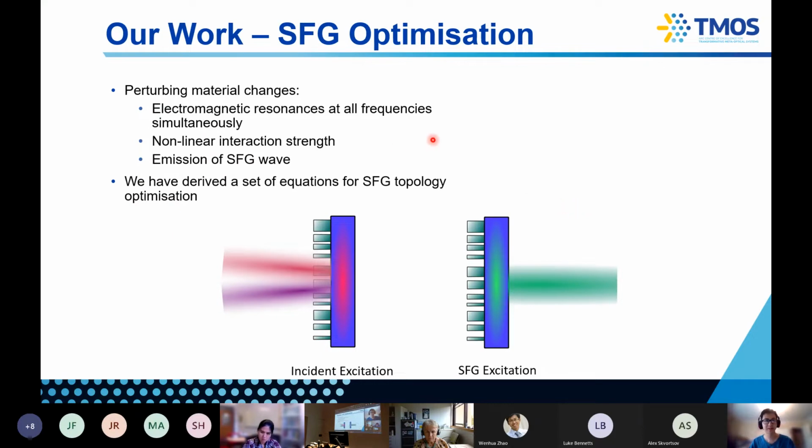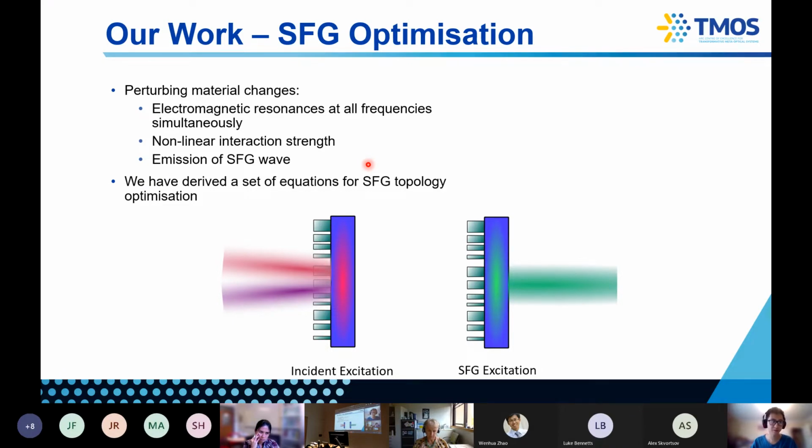So our work has been in deriving a set of equations for sum frequency generation topology optimized metasurfaces. And the complexity is that whenever we perturb materials, the electromagnetic resonances of all frequencies change simultaneously. The nonlinear interaction strength also changes, because if we don't have material, there is no nonlinear coupling at all.